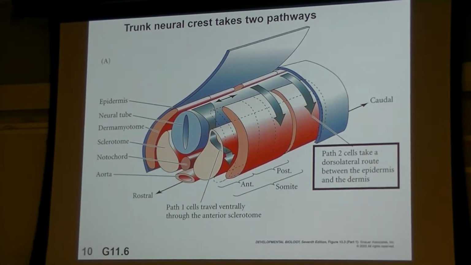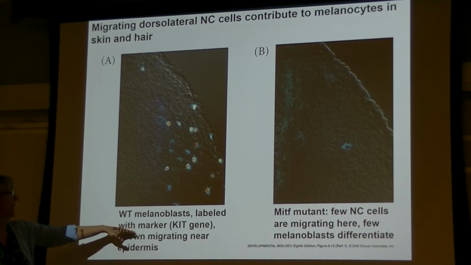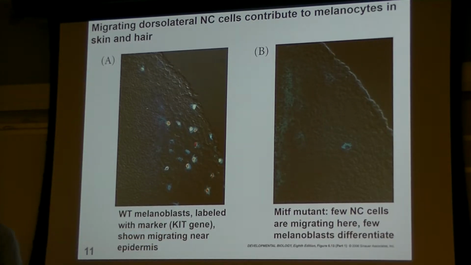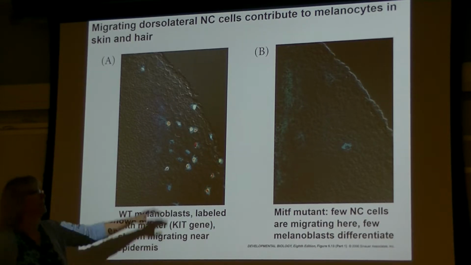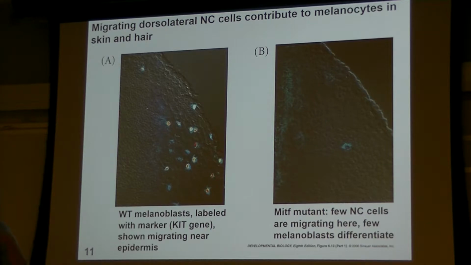So they'll be migrating along there. Here's a couple pictures. So these are neural crest cells. They happen to be expressing a marker, which is a gene called KIT. And since they're expressing that and the neighboring cells are not expressing it, we can use that to detect these neural crest cells, see where they're going, how fast, how many, what sort of dispersion pattern they have.